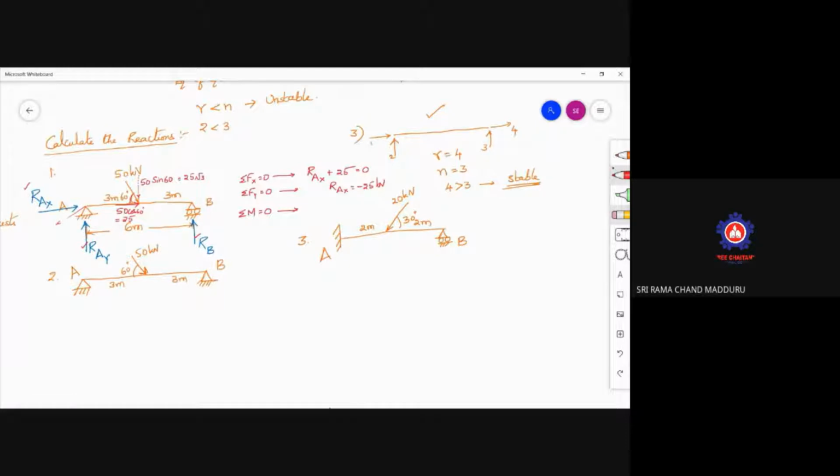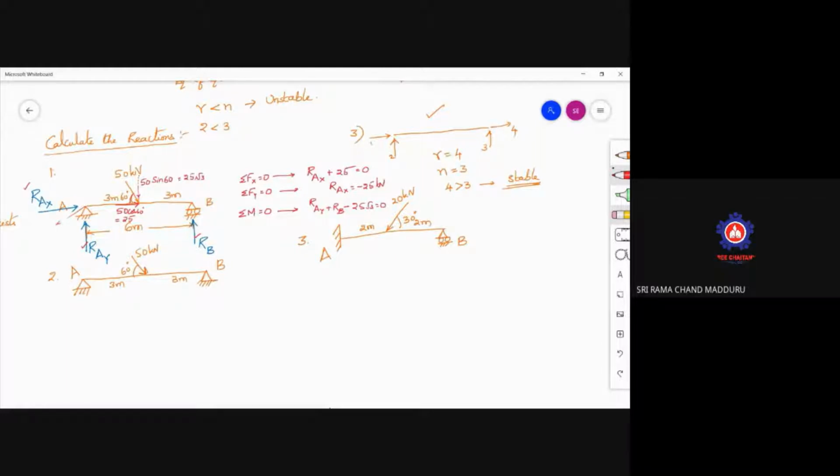Please note down along with me. All these points you should note down. So sigma Fx: RAX plus 25 is equal to 0, RAX is minus 25 kilonewtons. Whereas coming to sigma Fy is equal to 0: RAY plus RB minus 25 root 3 is equal to 0.